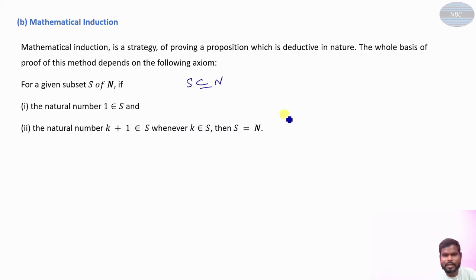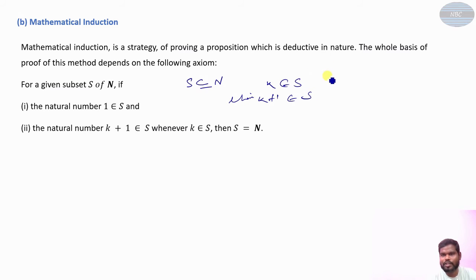Okay, so let's suppose the natural number k belongs to S. Then the natural number k plus 1 belongs to S, because if k is a natural number and you increment k by 1, that value is also a natural number.